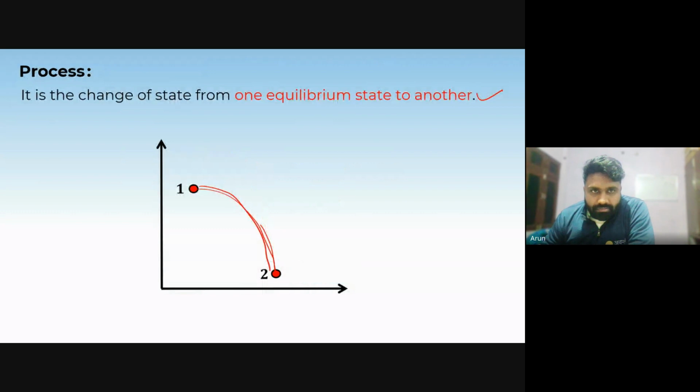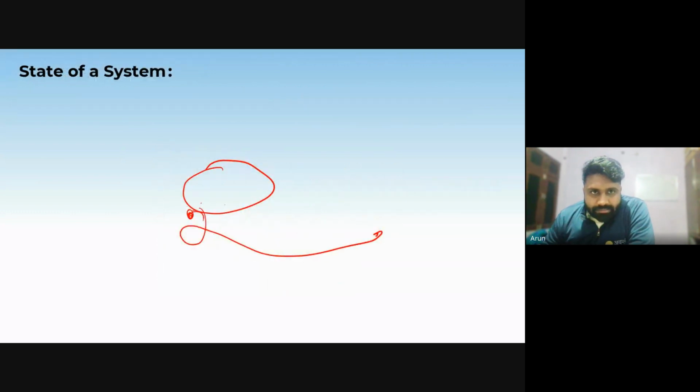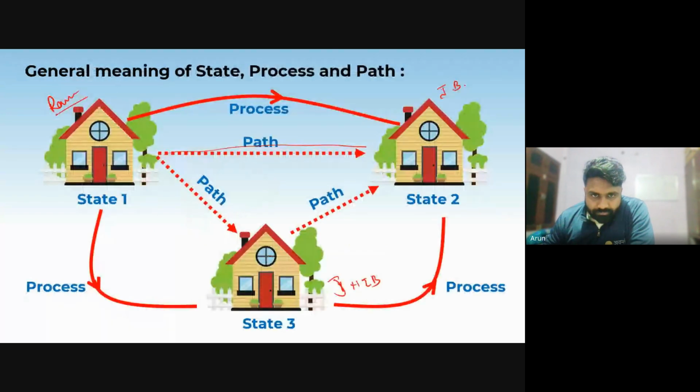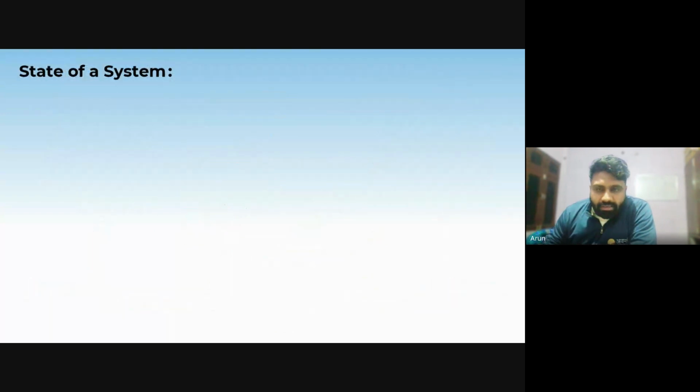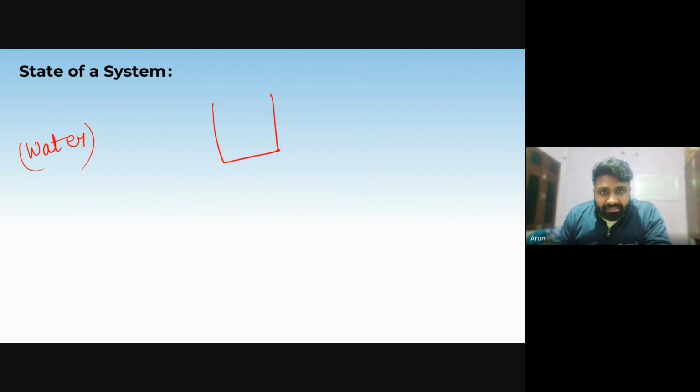Yeah, I can explain the state of a system. Here, suppose you have water. For example, we have taken water. You go in your kitchen and fill a glass of water.